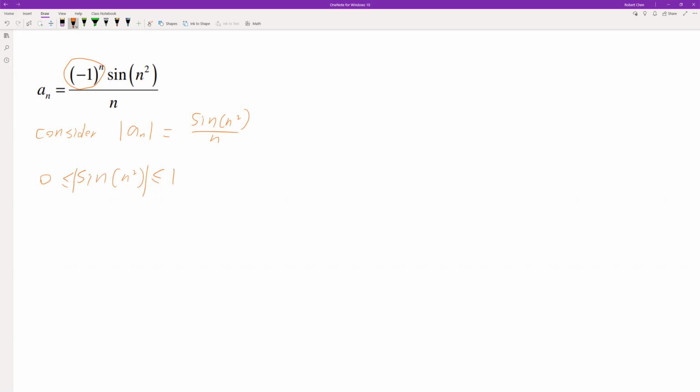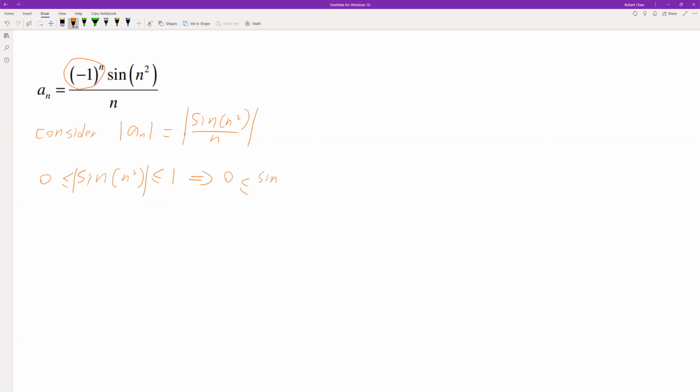Oh, I should include the absolute value here as well. Because of the absolute value, we don't have to worry about the alternating part, but we still could possibly get a negative sign from sine. So when we take the absolute value, we know that it has to be between 0 and 1, of course including 0 and 1. And what I'm going to do now is divide n to all of them.